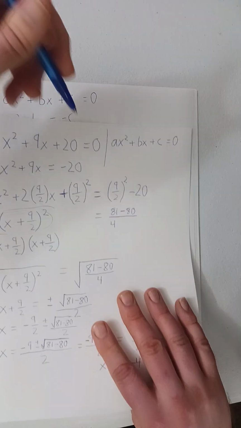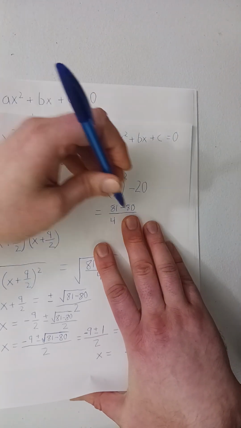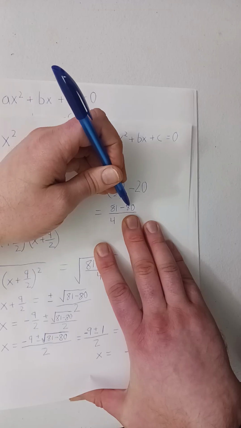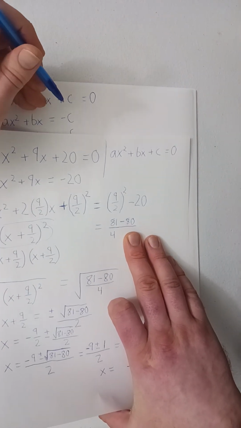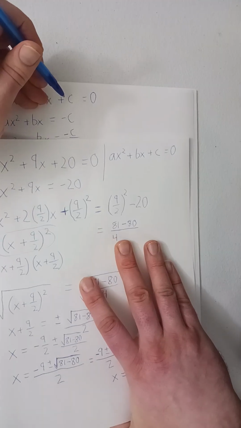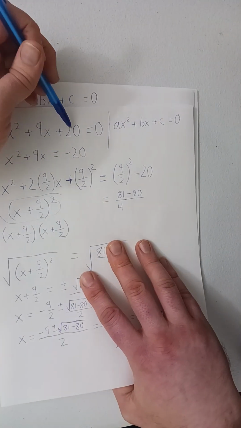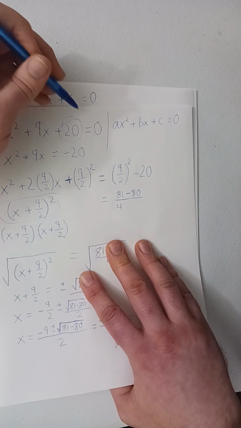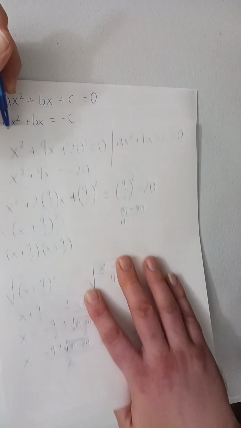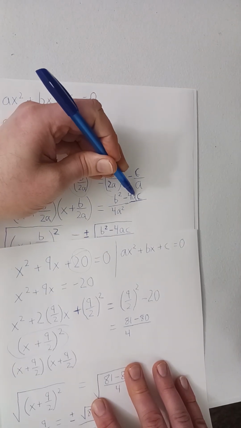So let's look at 80 here. 80 is 4 times something. So what's 1/4 of 80? That's 20, right? And then c is already 20 right here.